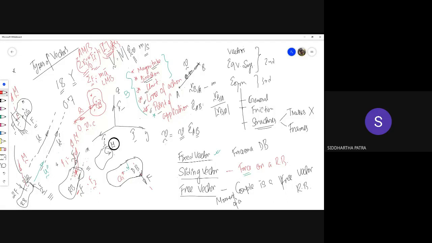What matters is only the direction of the moment and the magnitude of the moment. So magnitude, direction, and unit. The actual line of action, the actual point of application doesn't matter. Again, this equation itself has no place for line of action and point of application. This equation only takes care of the magnitude and the direction.